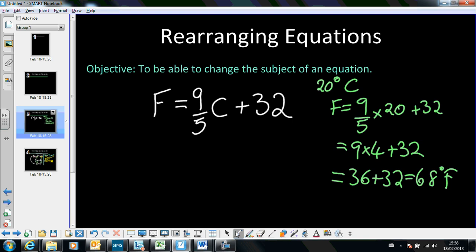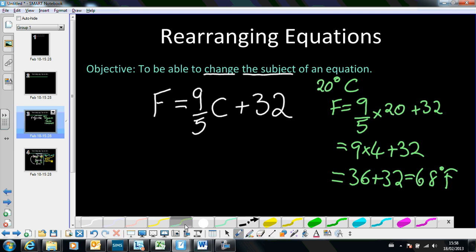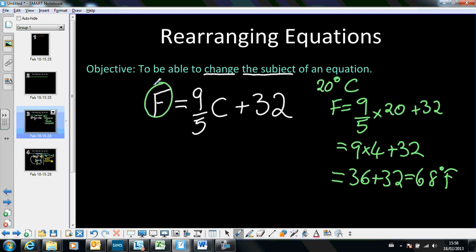So what I want to do is I want to be able to change the subject of this formula. Now at the moment, the subject, you'll see here, at the moment, F is the subject.